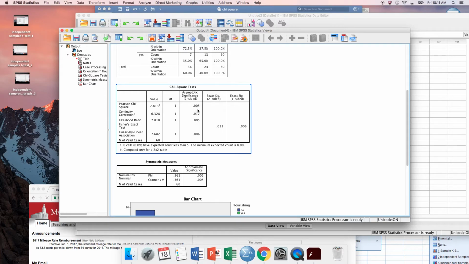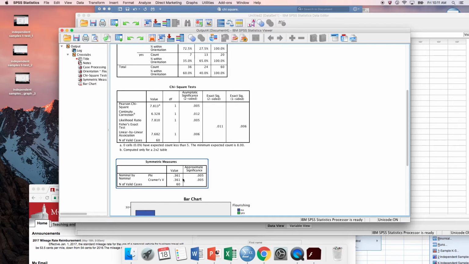So if we have a probability of 0.05 as our cutoff, we see this probability is 0.005, which means it's very, very unlikely that we would get this different of a proportion for the two groups just by chance. So this lets us reject our null hypothesis that there's no relationship, and instead support the hypothesis that there is a relationship between attending pre-orientation and flourishing.